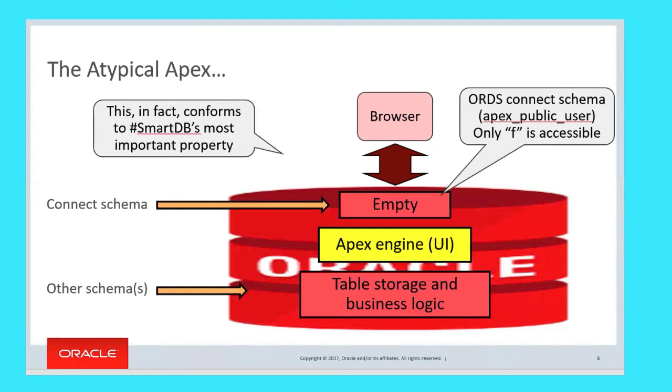And here is one from Dennis. And it says, is it okay to enable REST using ORDS on this empty connect schema? Or should it be a different layer of abstraction?